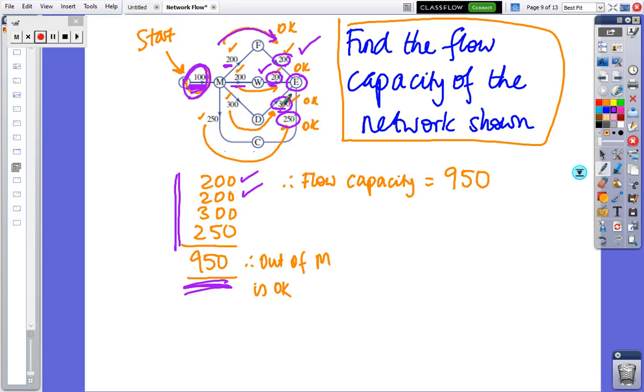Coming out of D is 300, but we've got 300 going in, so the 300 is possible. And at the end, we've got C coming into the end point, 250. We've got 250 possible, so we've got 250 that can be delivered, so the flow capacity is 950. Even though 1,000 was possible, 950 is all we can deliver.